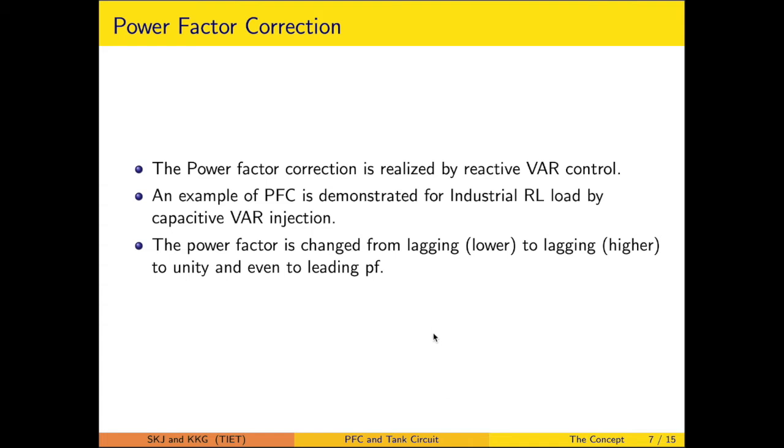Now the effectiveness of the power factor correction is demonstrated with the help of an example. In this example, the improvement in the power factor has been demonstrated, where the low power factor lagging load is compensated to different levels of lagging power factor, then to unity, and it can even result in a leading power factor as well.